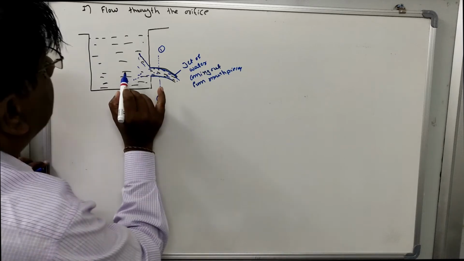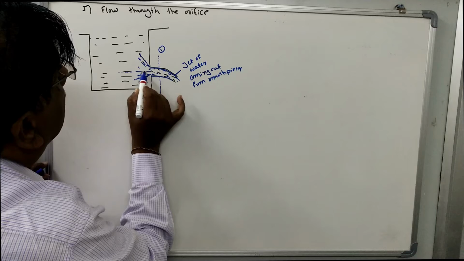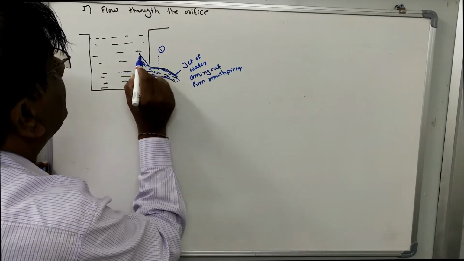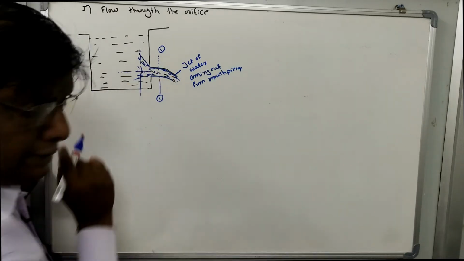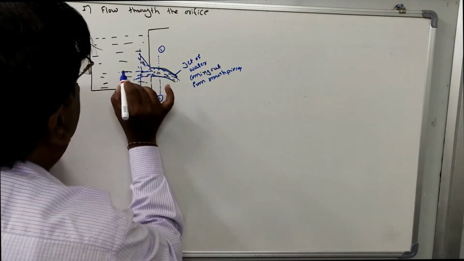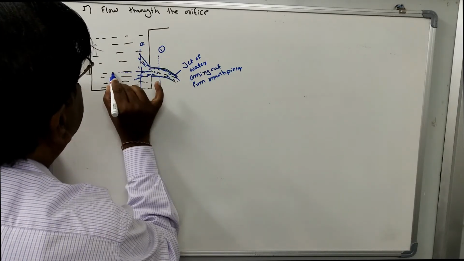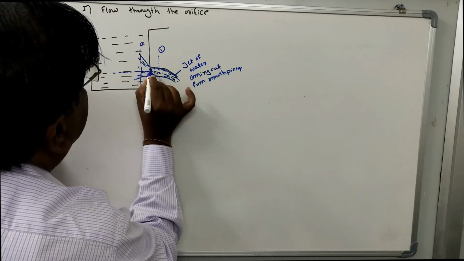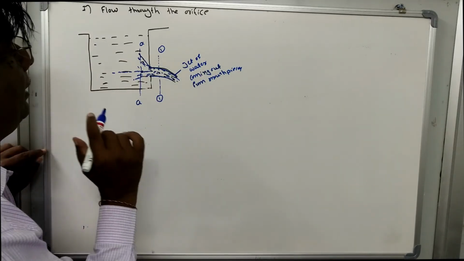And let us take another point very near to the opening, this section, section small a. Now this is the center line of the mouthpiece. This is the mouthpiece, may be circular or it may be rectangular.